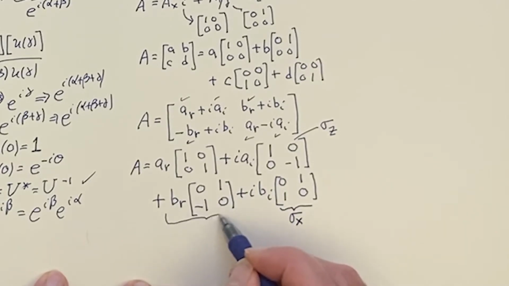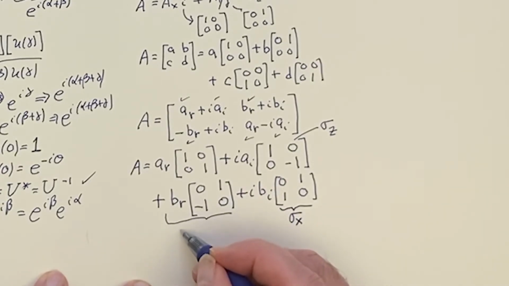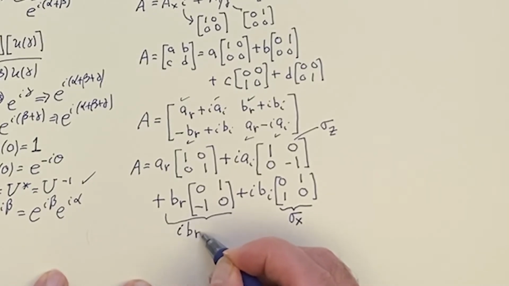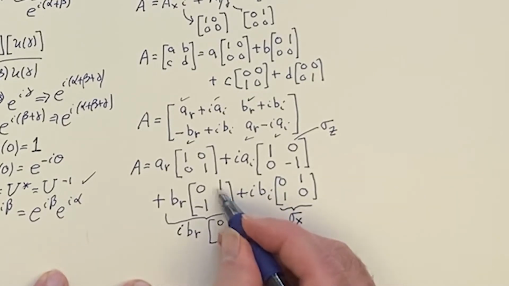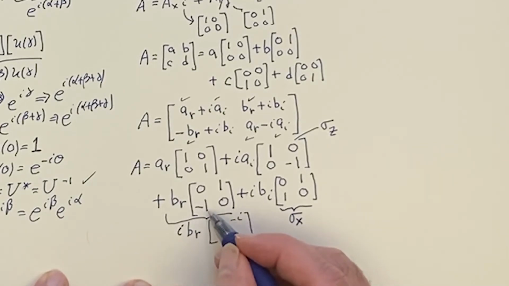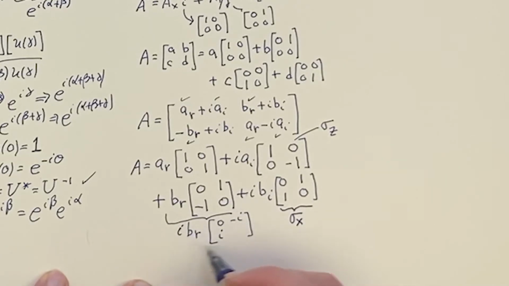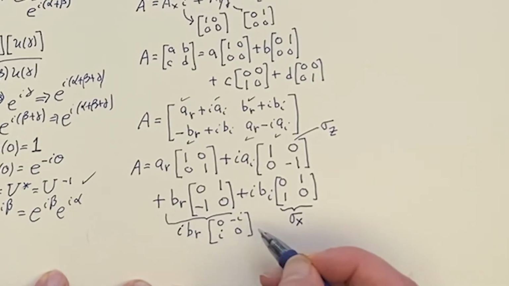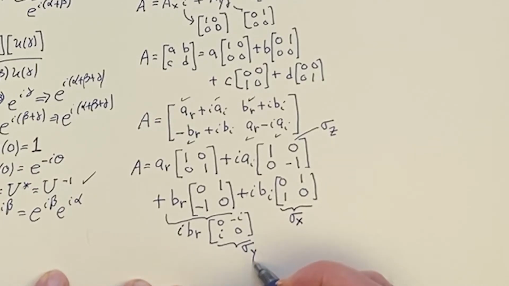So if I put an i on the outside, then I would need here a minus i to get the 1. And then here I would need a plus i, so an i squared to get the minus 1. I would get this. And I'm going to call this one sigma y.